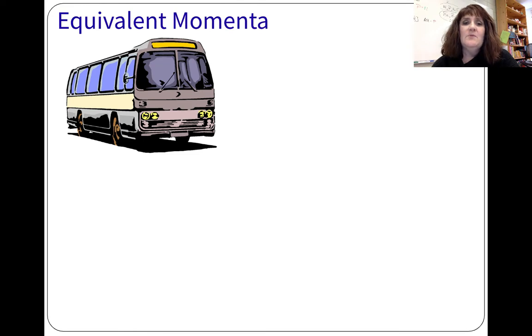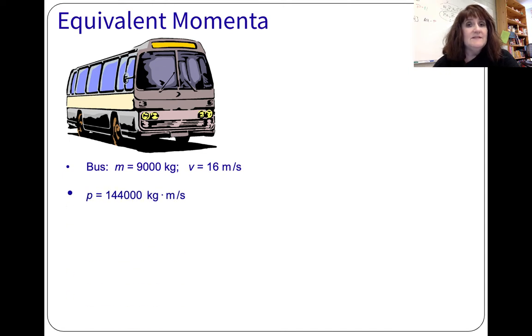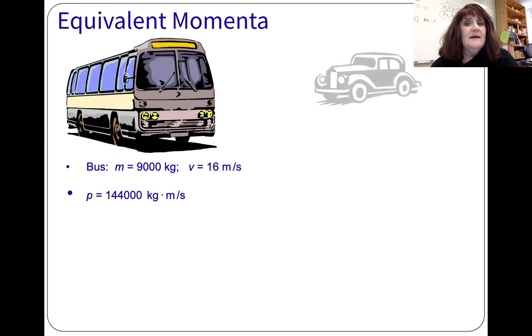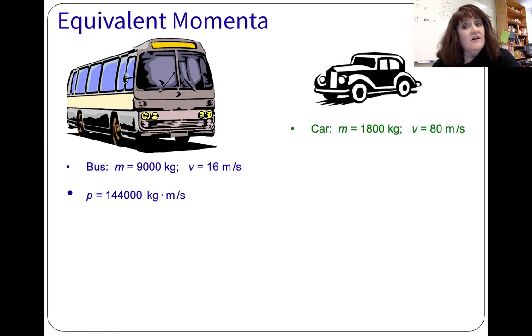So equivalent momenta. A bus that has a mass of 9,000 and velocity of 16 has a momentum of 144,000 kilogram meters per second. Similarly, a car has a mass of 1,800 kilograms and a velocity of 80 meters per second, they're going way too fast, also has a momentum of 144,000 kilogram meters per second.